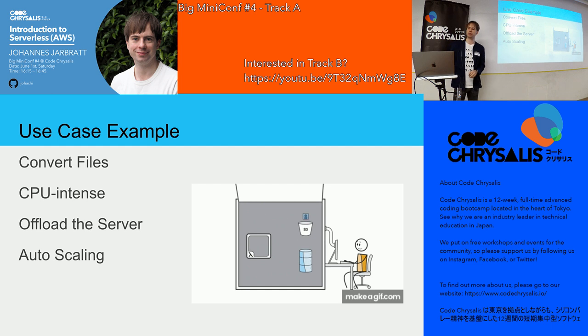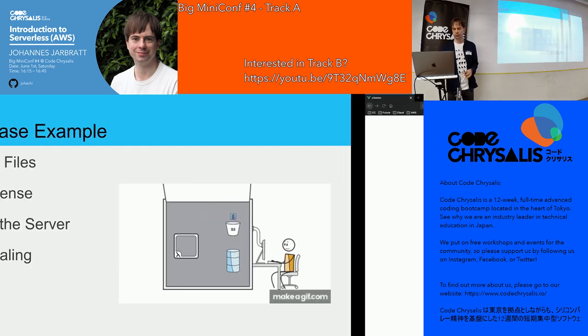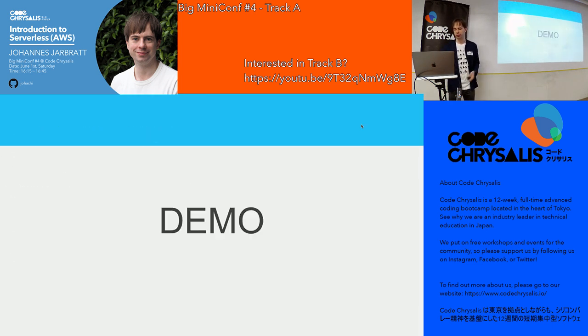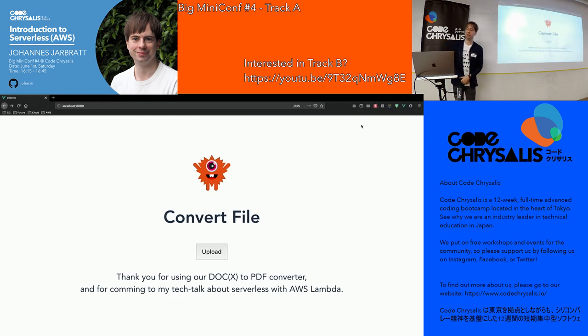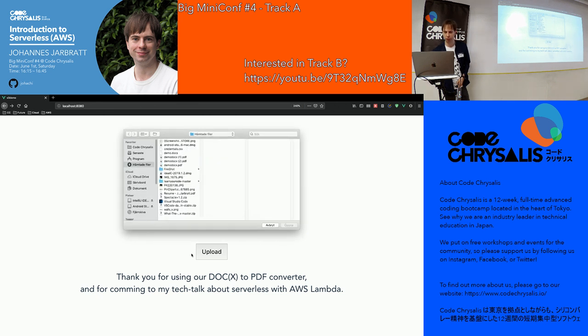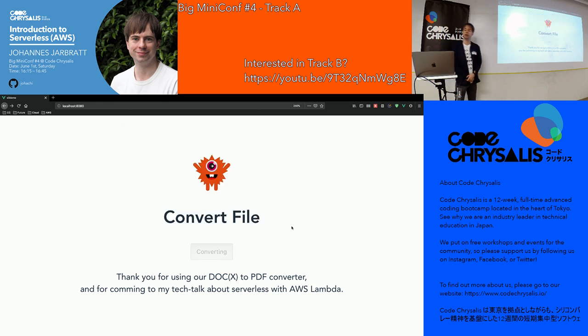And that's one of the applications I did. So, demo. I made this small little file converter. This server is running on my localhost, but the file conversion is done on Lambda. So I can choose here to just upload a file, and here we have it. I'll just convert this file and send it to Lambda.